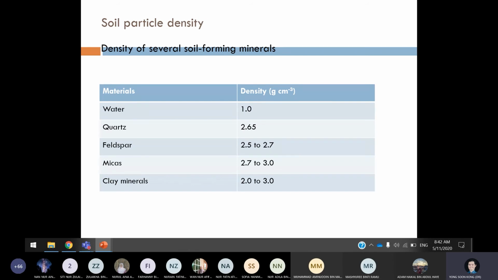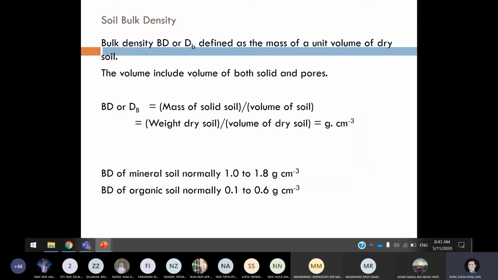Some minerals can get even denser than this, like for example, the metamorphic rock. Last time we learned about metamorphic rock. Those can get even denser, because if you still remember, metamorphic rocks are formed due to high pressure and also high temperature. So due to the high pressure, some of the minerals can get denser. Okay, so enough with particle density.